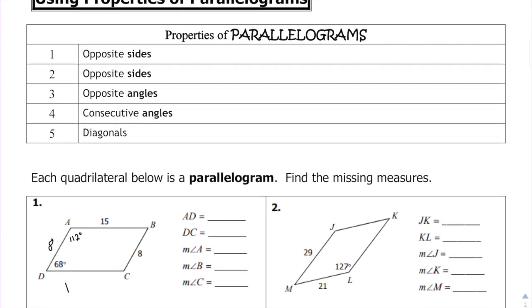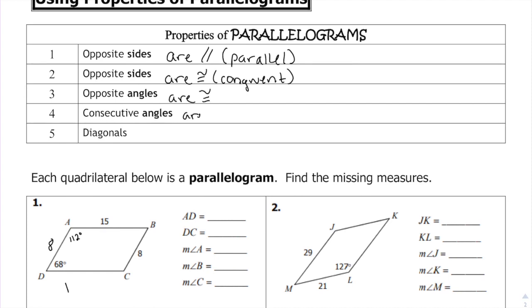Let's go ahead and move down to actually using these properties. So just a quick refresh. Opposite sides are parallel. I'm going to use my abbreviation, and then I'll spell it out in parentheses here. Opposite sides are congruent. Opposite angles are also congruent.